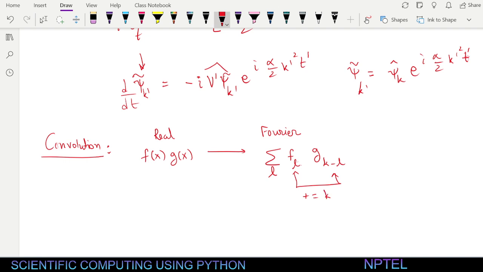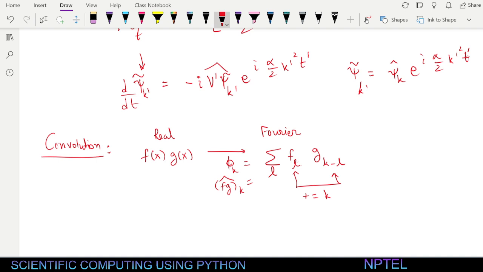So it is the sum over all such components such that the total becomes k, and this is your phi k. Or you can write f times g at k.